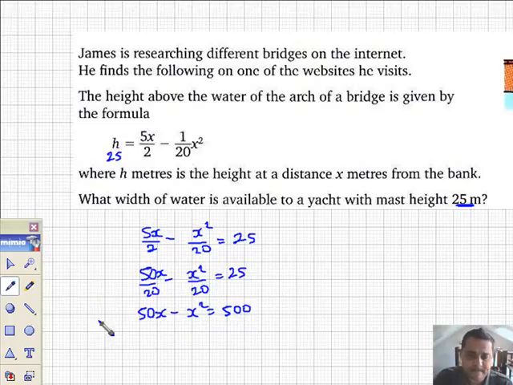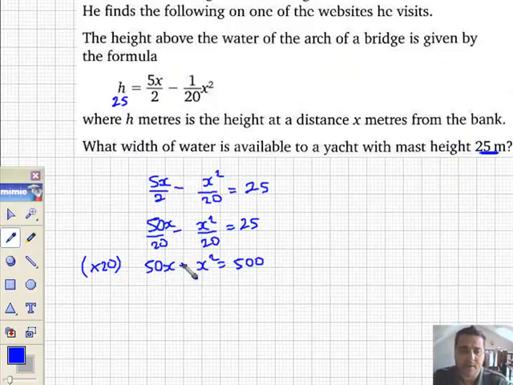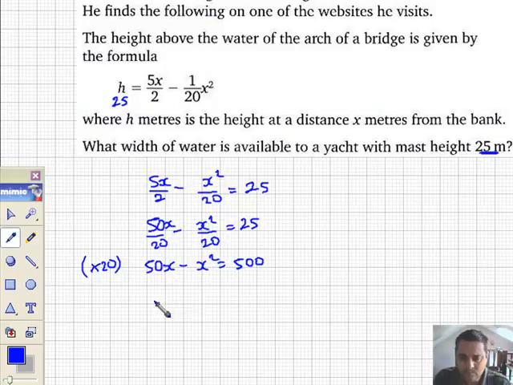Multiplying by 20. So I'll just say what I've done there in a bracket, that's fine. Alright, so that's got rid of the 20 off the bottom. Rearranging this, I'm going to have x squared minus 50x, so take it over and plus it, take it over and minus it, plus 500 equals 0. That's a lovely quadratic equation.